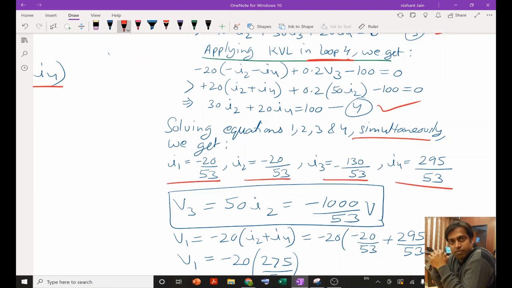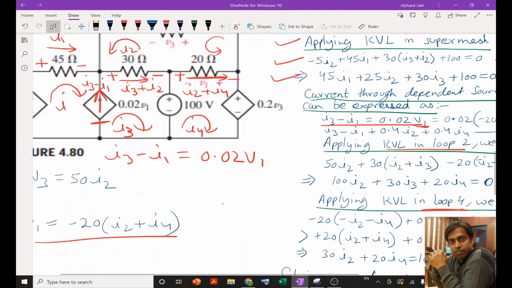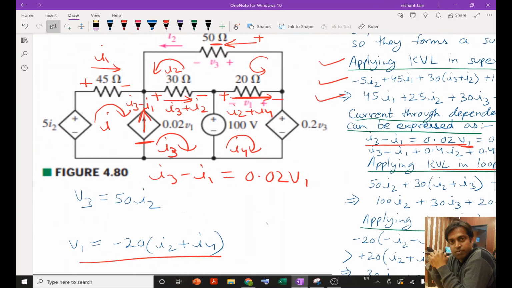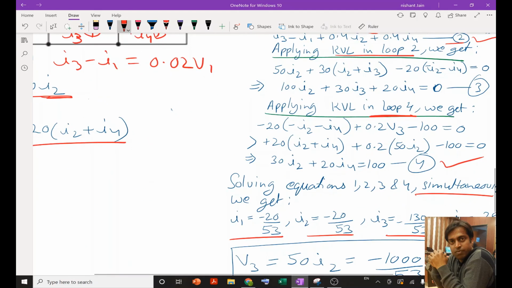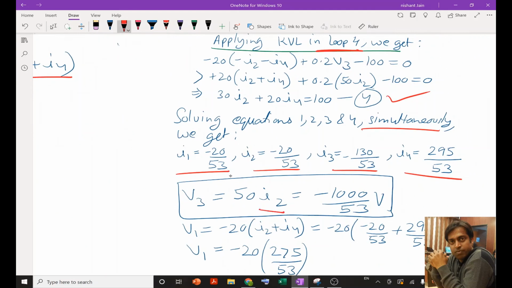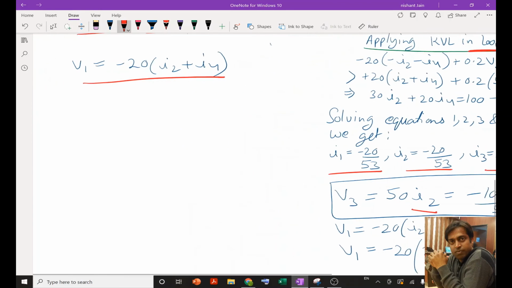Then if I see this circuit diagram, V3 is nothing but 50 I2. So substituting the value of I2 over here, I get the value of V3. Now V1 is this.